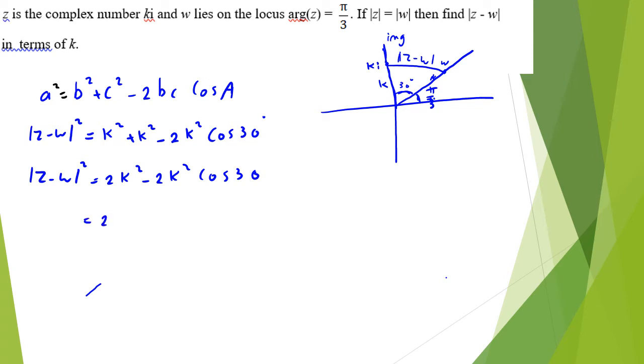If I do 2k squared minus 2 times that, I will end up with 0.268k squared. You can find that in the calculator, just 2 minus 2 times cosine 30. Make sure your calculator mode is in degrees, and then square root both sides. I'll end up with 0.518k, and that's your answer, the length.